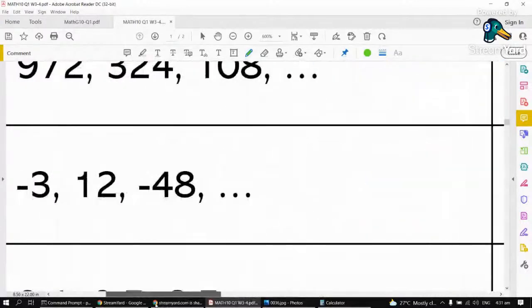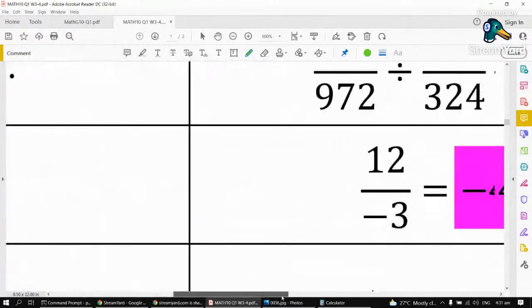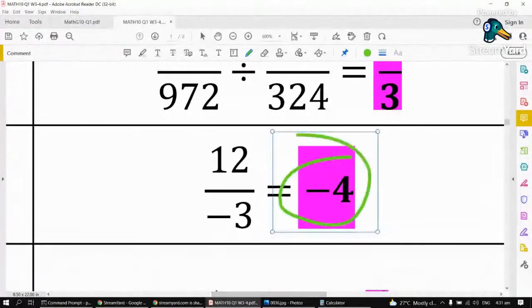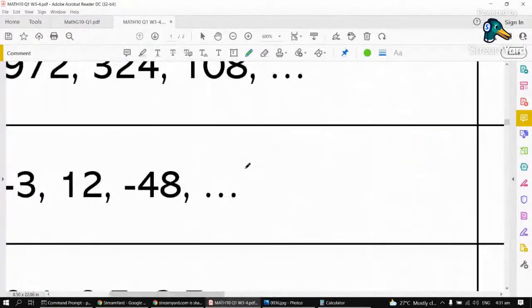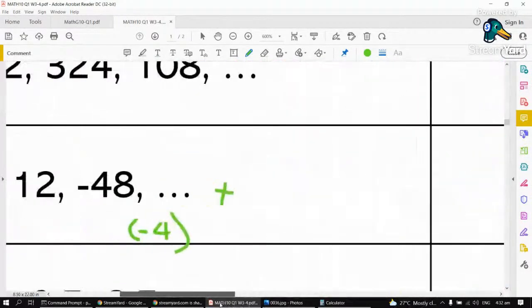Para malaman ang next 3 terms, itong negative 48 ay i-multiply natin ng negative 4. Multiplied by negative 4. So, ang susunod is negative times negative is positive. And then 4 times 48 is 192.